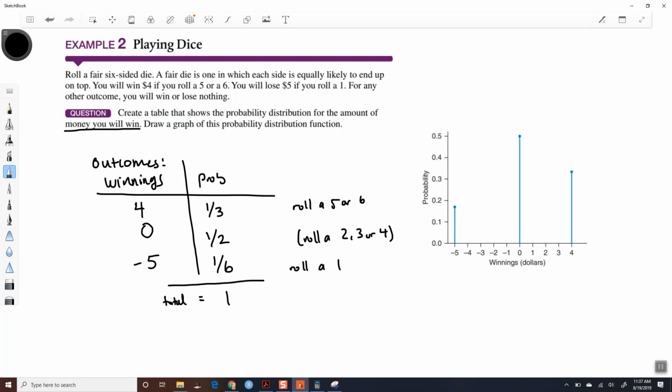We probably can't list them all off. And so in situations where we have what we call a continuous variable, the graphs have to be represented with these curves or these shapes, okay? So sometimes the numeric outcome is continuous, okay?